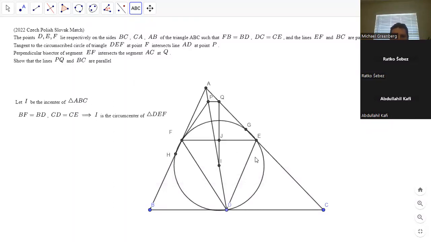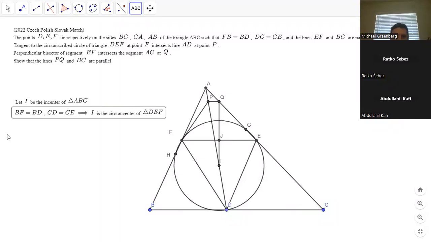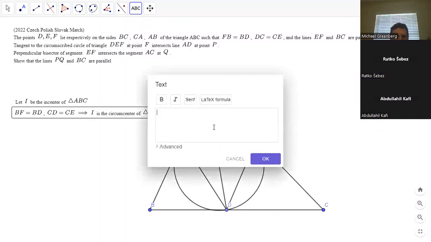And then now we use the ratios. So BD over DC equals BE over CE, which is equal to AB over AC, implies AB bisects BAC, and then that implies A, I and B are collinear.